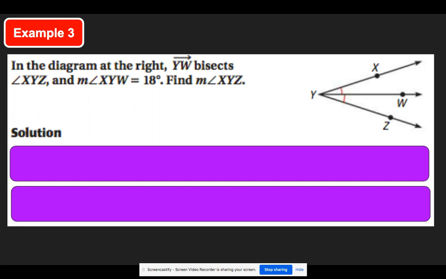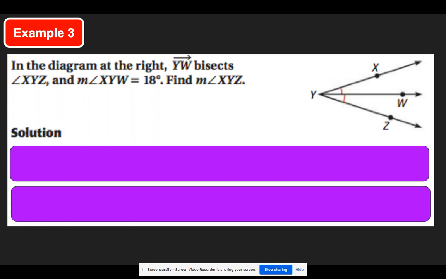Example 3. In the diagram at the right, ray YW bisects, or cuts in half, angle XYZ. And it tells us that the measure of angle XYW is exactly 18 degrees.